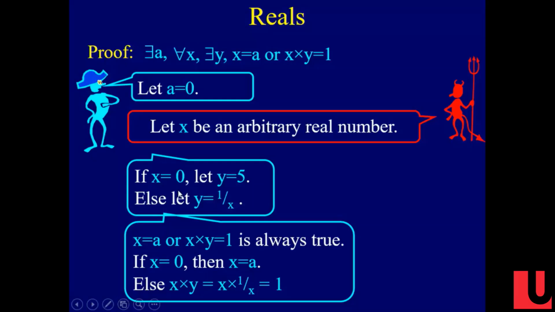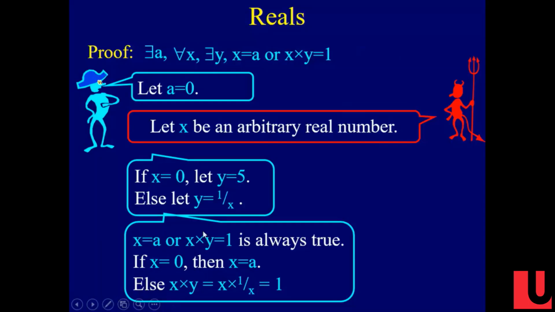I have this weird way of doing it. I have two cases. If x is 0, then I'm going to make y be 5. And if x is not 0, then I can make y be the inverse. So now I want to see, do I win? What I win is if this is true. Is this true? Well, let's look. There are two cases.